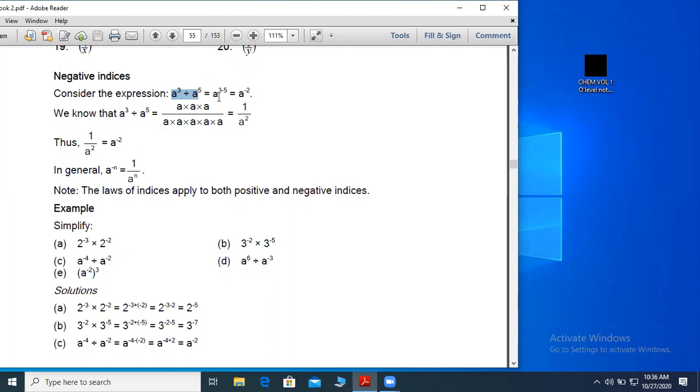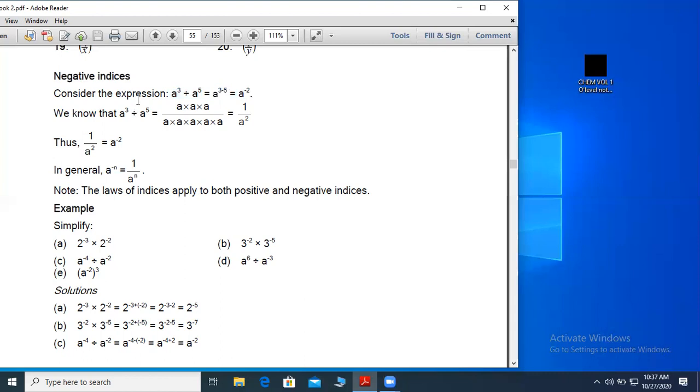The base is a and the powers are 3 and 5. So 3 minus 5, the answer is negative 2. So the answer we get is a to power negative 2.